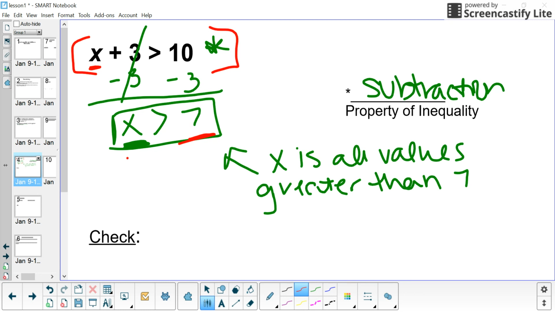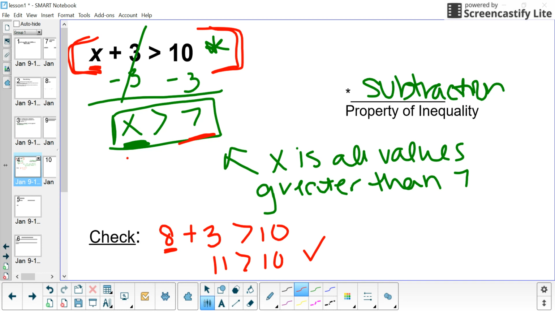So I'm going to plug in 8. 8 is a number that's greater than 7. I rewrote this whole thing, only instead of x, I plugged in a number greater than 7, which is 8. Could have plugged in 10, could have plugged in 20, whatever. 8 plus 3 gets you 11, and 11 is greater than 10, so that checks out.